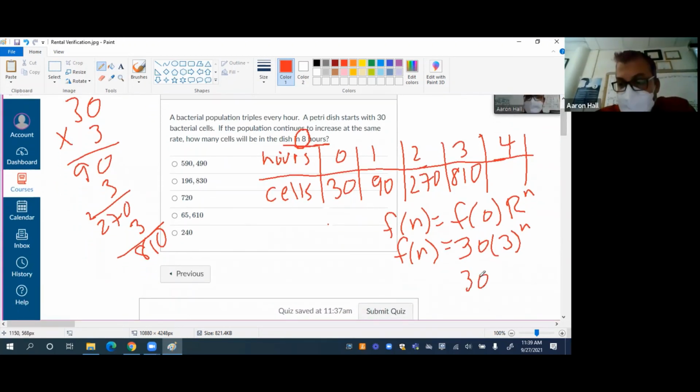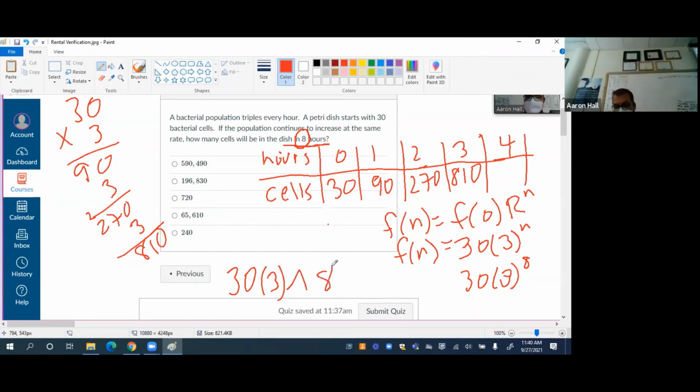So I have 30 times 3 to the power of 8. You can throw that into our calculator. Remember, this is how you have to write it in your calculator. 30 times 3, and then we have to use what's called a caret. That's our caret, and then 8. Write it like that.